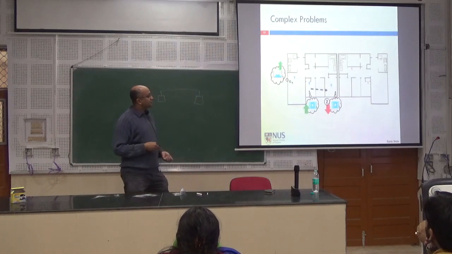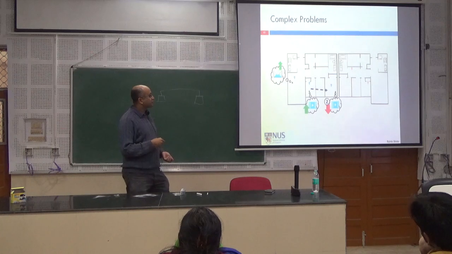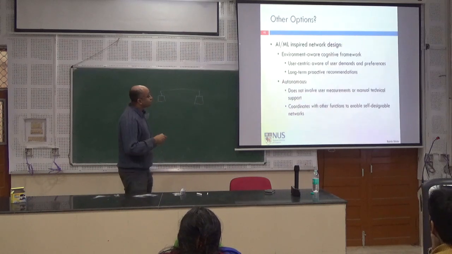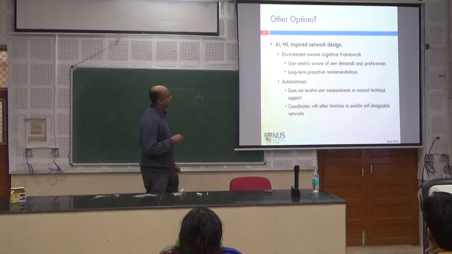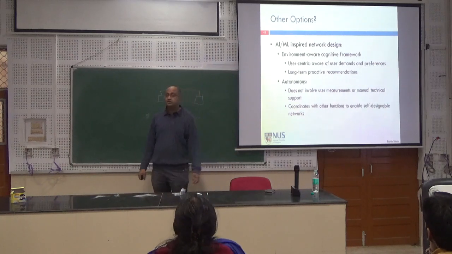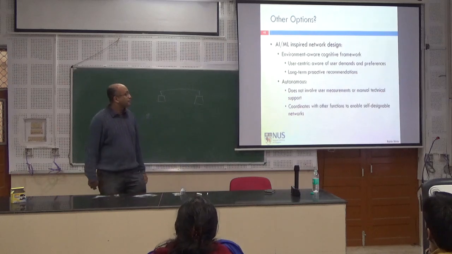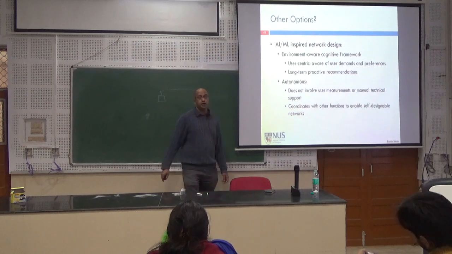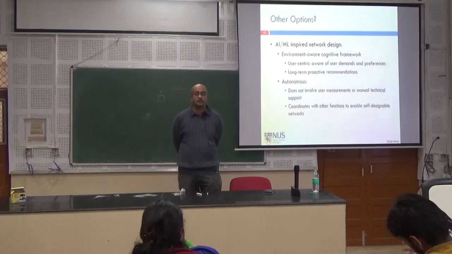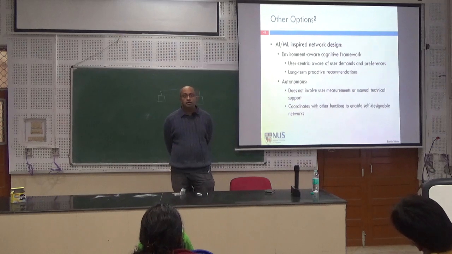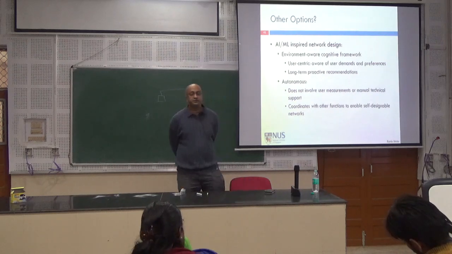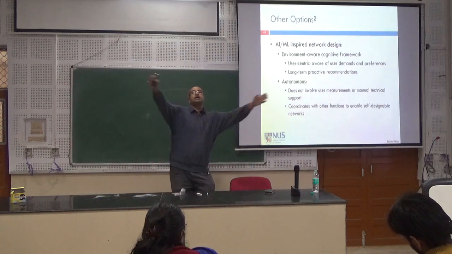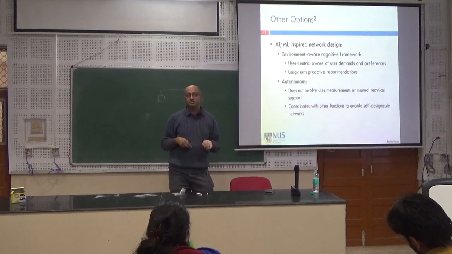Right? And if you're thinking of smart homes and other things, who's going to do it? And then this becomes a fairly complicated problem. Then this kind of placement: should I place it here or here or here? And so on. So what people are going towards is artificial intelligence or machine learning inspired network planning. And in this case, the main thing is to be cognitive of your environment, to know what your environment is like. So Singapore is fairly dense. When I used to live in the US, my nearest neighbor was maybe 500 meters away.